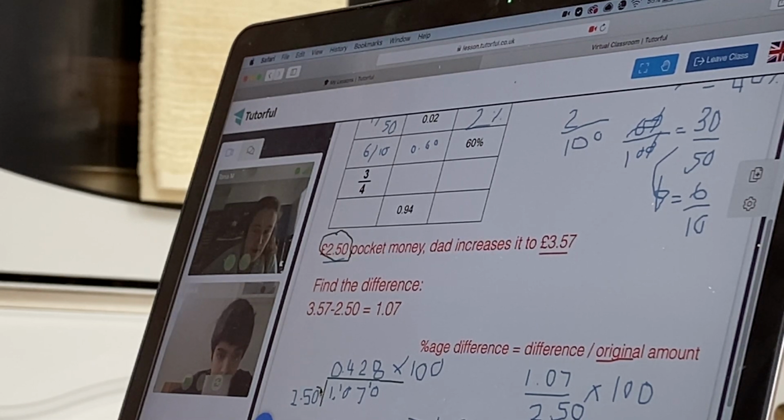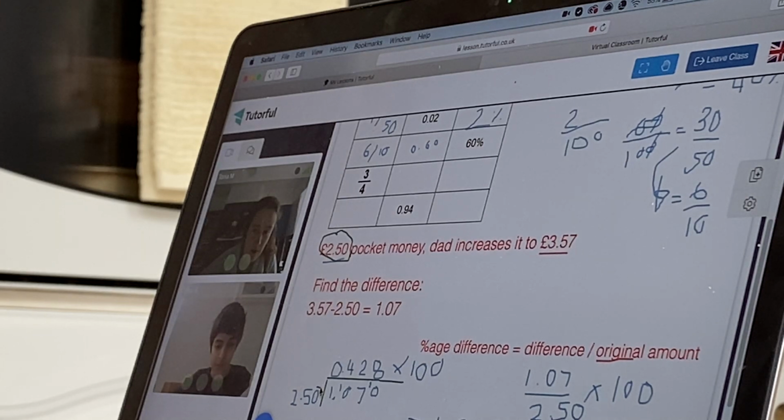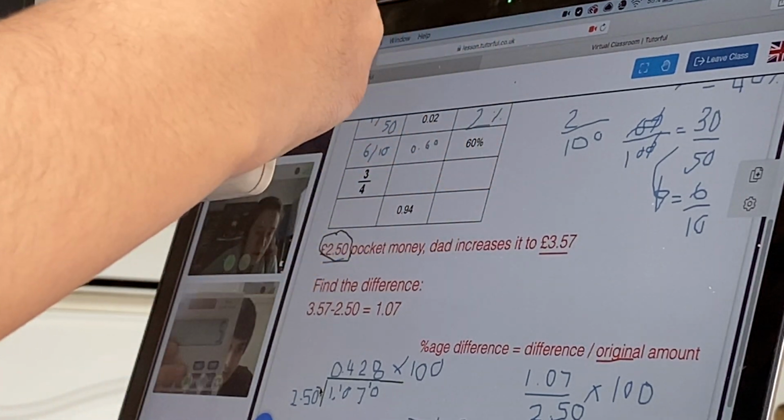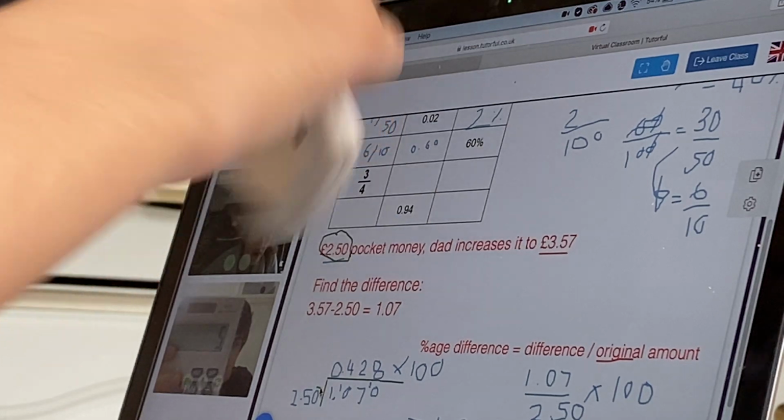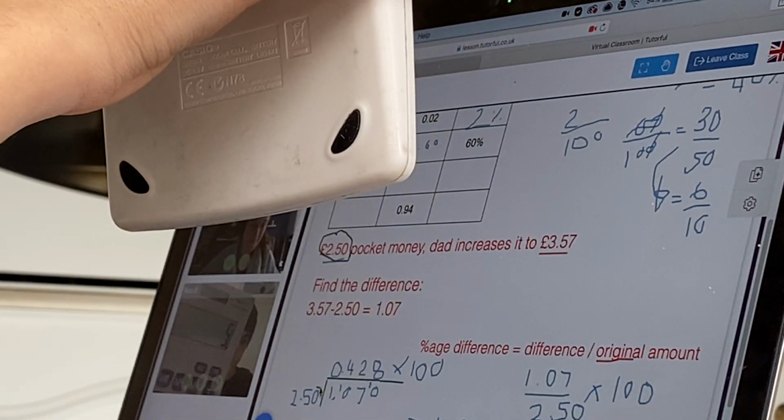Yeah, 357, £3.57. Which is what? The decimal was at the end. No, wait. It was at the end when the answer came, like that.